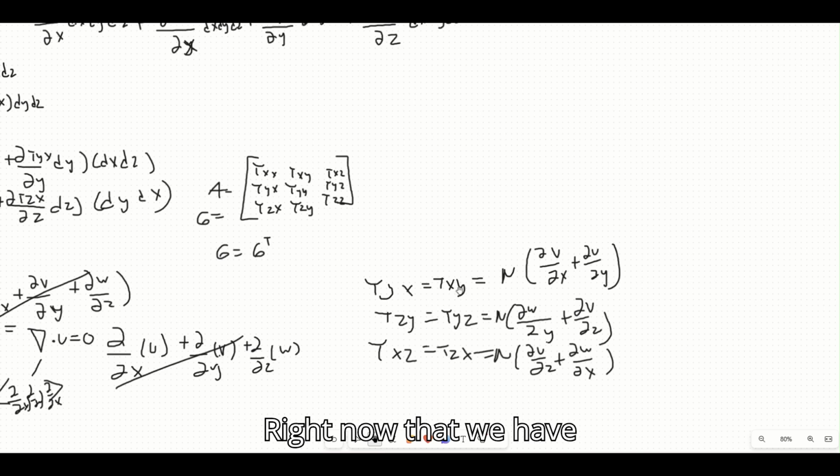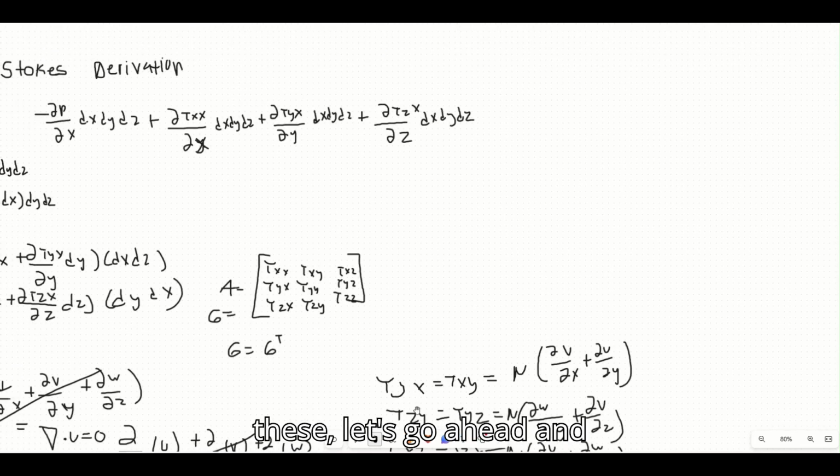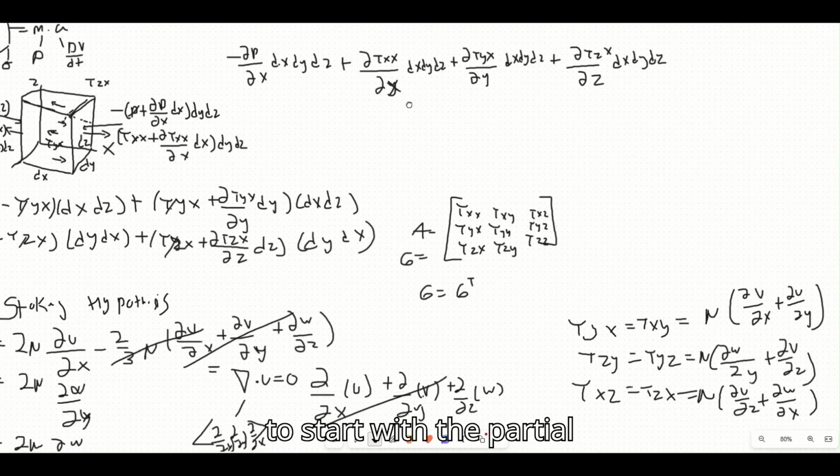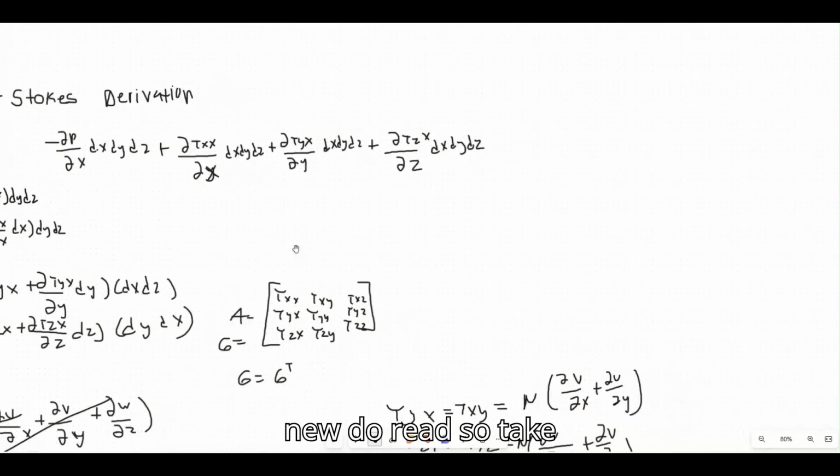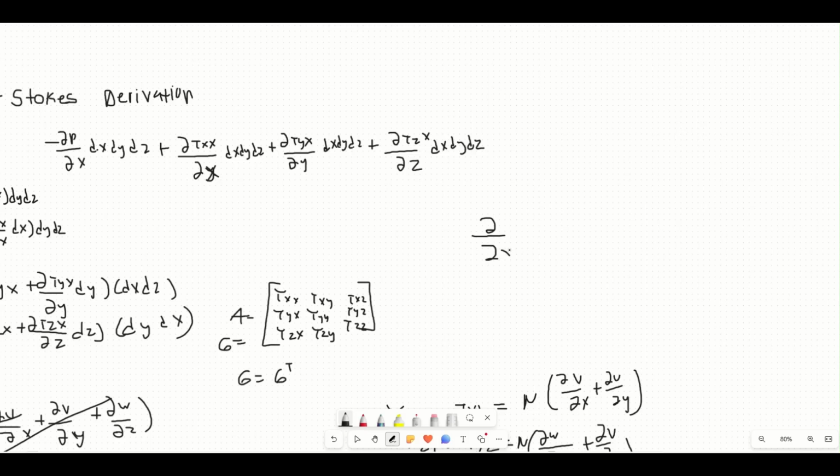Right now that we have these, let's go ahead and plug them in. I'm going to start with the partial of tau xx. That's 2 mu du over dx. So we'll take out this, and we'll have 2 mu du over dx.